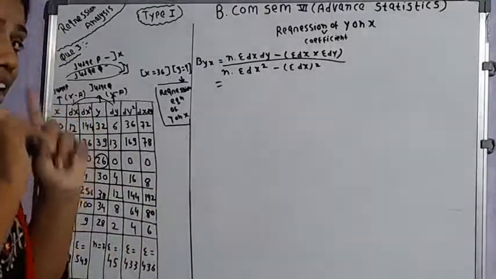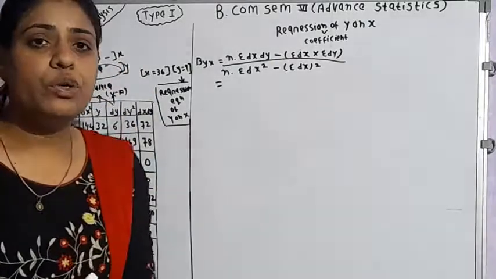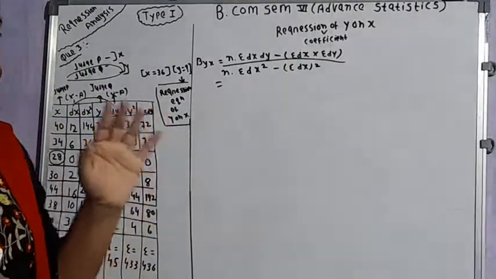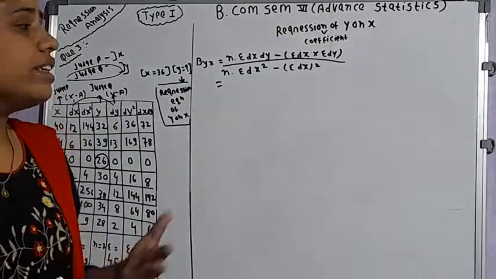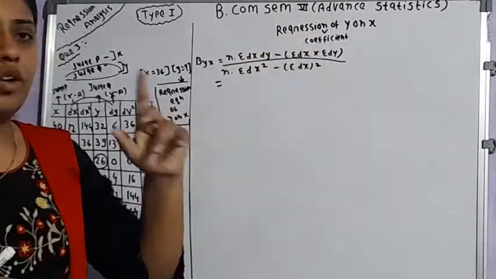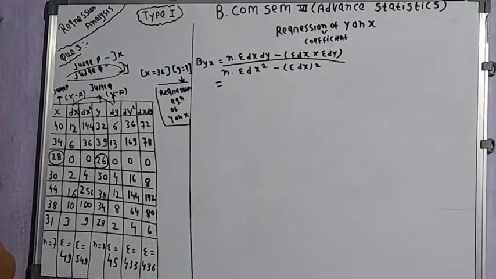Whenever we have the variable x available and we have to find the value of variable y, we use the regression equation of y on x. That is why we are calculating the regression coefficient of y on x over here. You will understand this if you see the lecture on basics. Here I am giving you a brief description of it. So let's put the values in the formula.